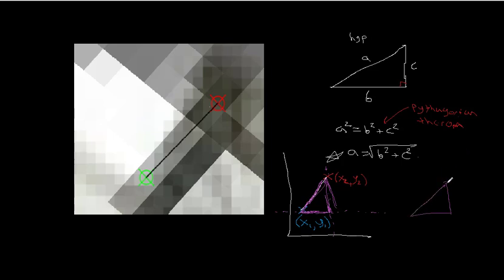Where this point here is x2, comma y2, and this is x1, comma y1, right? So what's this? Well, think about that for a second.